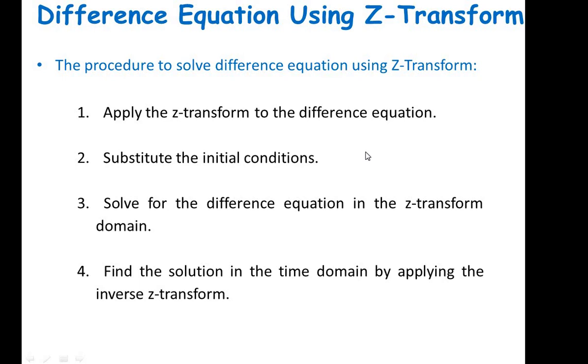After that we find the system function, that is the transfer function, the ratio between the output and input, which we call H of z, capital H of z. From that we again have to get the inverse Z transform.